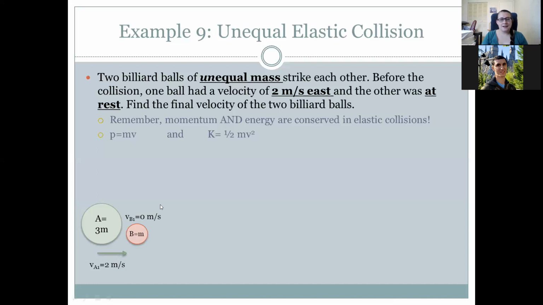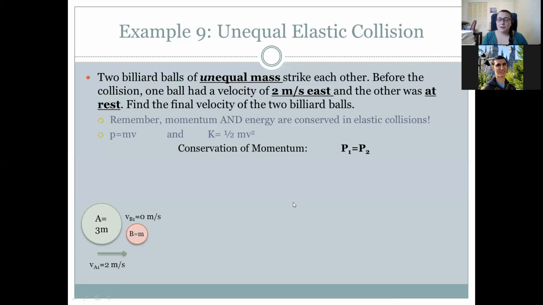Ball B is still at rest, and it has a mass of 1. So we have a mass of 3 and a mass of 1 relative to each other. So here's ball A, and here's ball B, like that. They're hitting each other. What's going to happen? Let's find out.